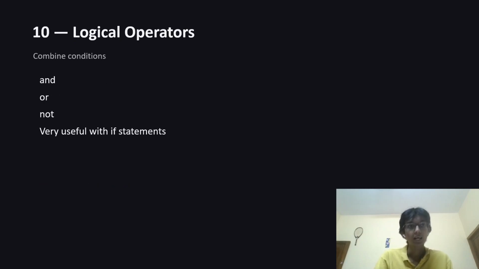Logical operators like and, or, not are used to combine the conditions, and are very useful with if statements. We are going to learn about if, else, and elif in the next lecture. So this is going to be one of the most important things out there.